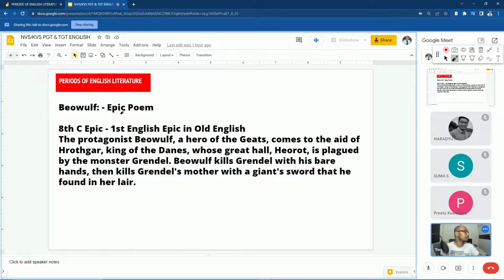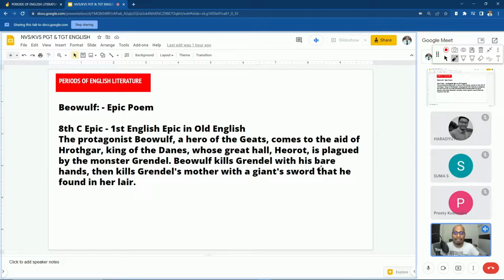Now what is the content of this Beowulf poem? The protagonist is Beowulf, a hero of the Geats, who comes to the aid of Hrothgar, king of the Danes, whose great hall, Heorot, is plagued by the monster Grendel.